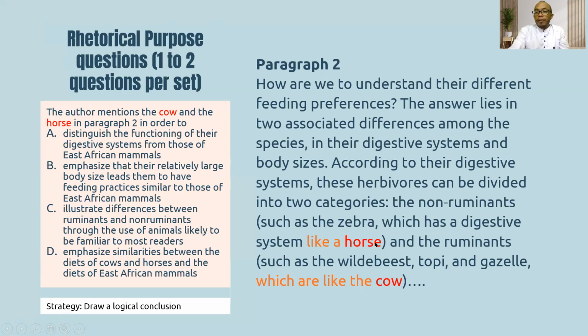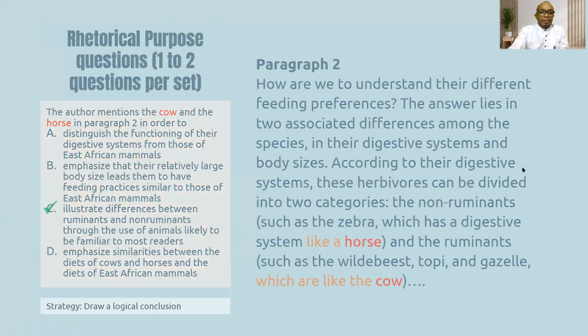That's why the author mentions horse and cow so that you can then imagine the concepts in a more familiar context, right? So that means the answer is Charlie, or C. To illustrate differences between ruminants and non-ruminants through the use of familiar animals. Did you get the answer correctly? If you didn't, don't worry, keep on practicing.